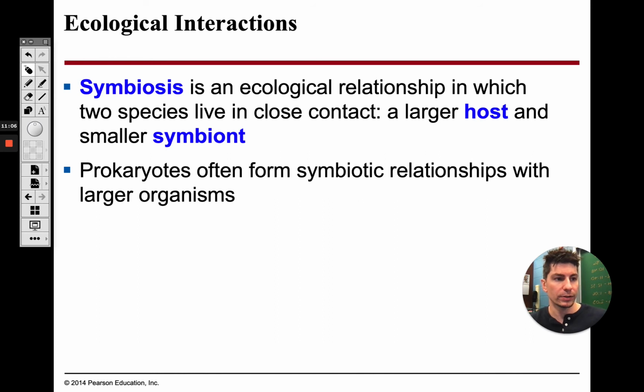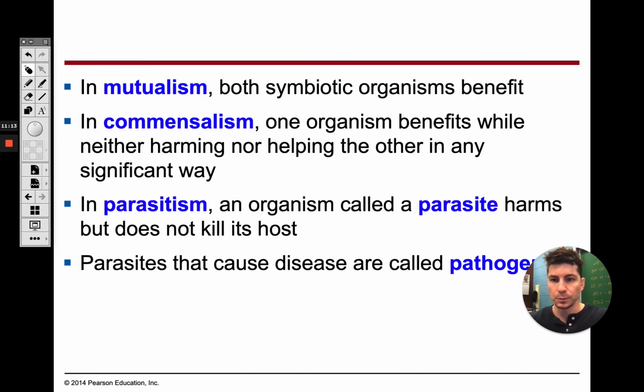We're going to go over those 3 different categories where it's not always benefiting both groups. So our first one is going to be mutualism, and that's the one you guys know. Both of them are going to benefit. Second one, commensalism. What's going to happen here is one organism benefits while the other is just chilling. All right, it doesn't benefit, but it doesn't get harmed as well.